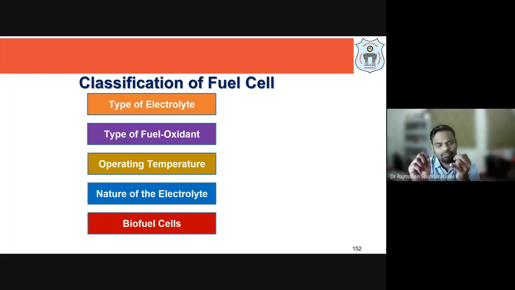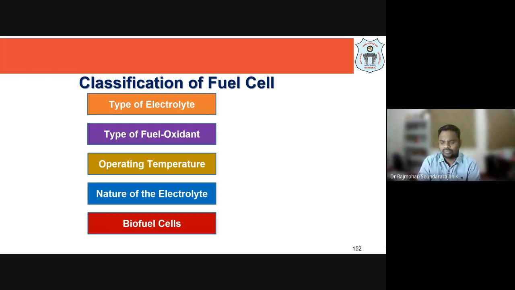So we supply fuel, we supply oxidant, and we will be having anode, cathode, and electrolyte present in it, right? So based on what type of electrolyte is being used, we can classify the fuel cells.